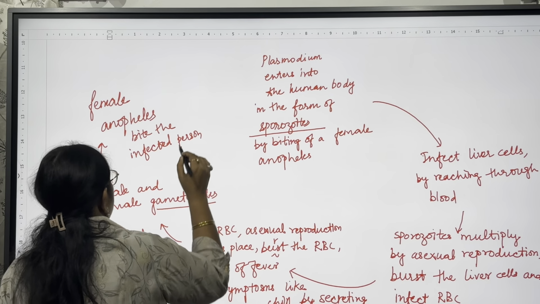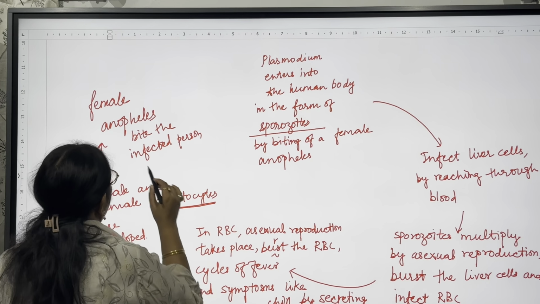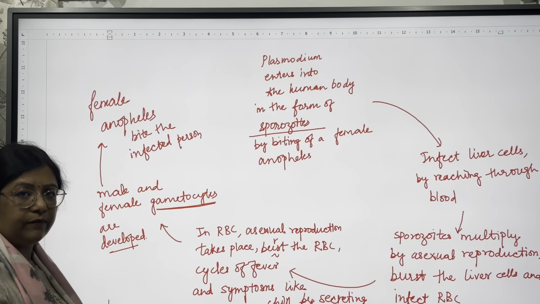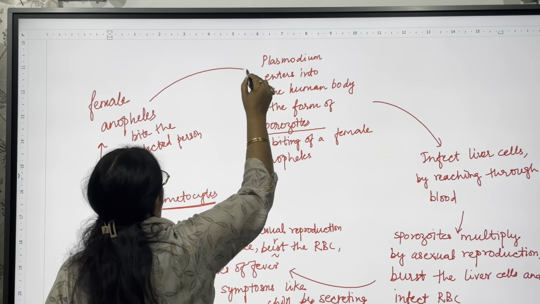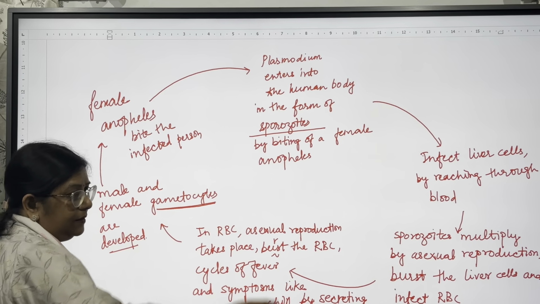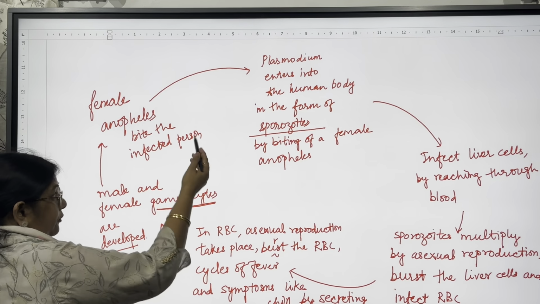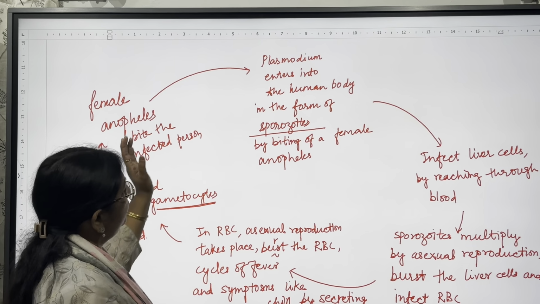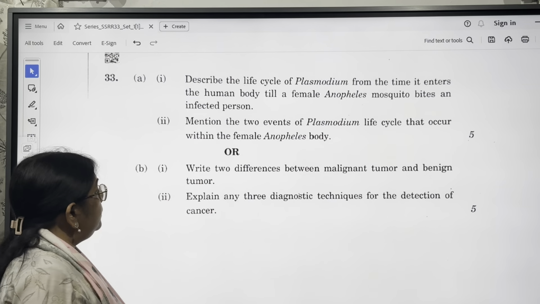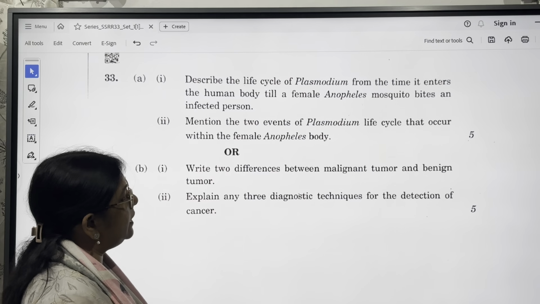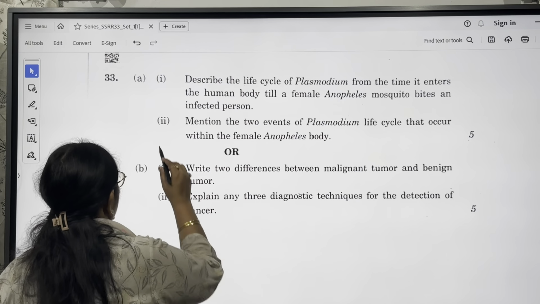These gametocytes will enter into the female anopheles. And when this female anopheles bites another healthy person, the other form of Plasmodium will enter into the healthy person. Second part, mention the two events of Plasmodium life cycle that occur within the female anopheles body.